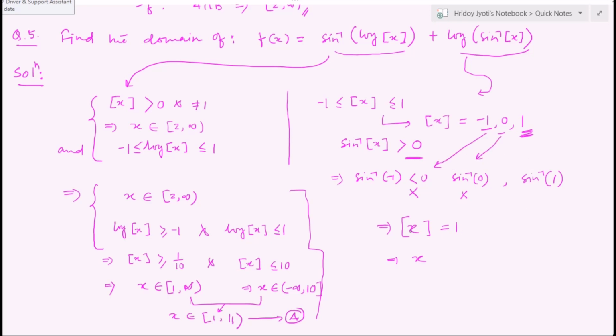So GIF of x equal to 1 is the only thing we'll get from here. So x will belong to 1 to 2, open interval. So this one will be B. So the ultimate answer, the domain of the function, will be the intersection of A and B, that is closed interval 1 to open interval 2. So that should be the answer for this question.